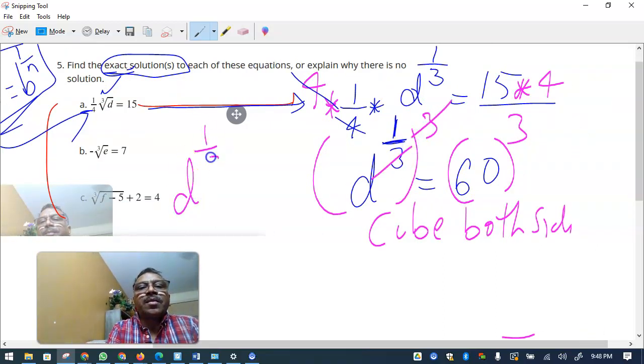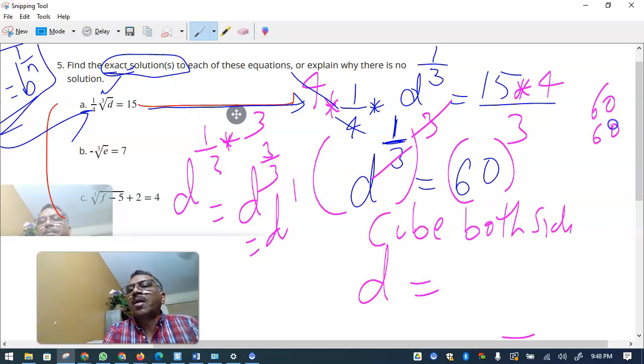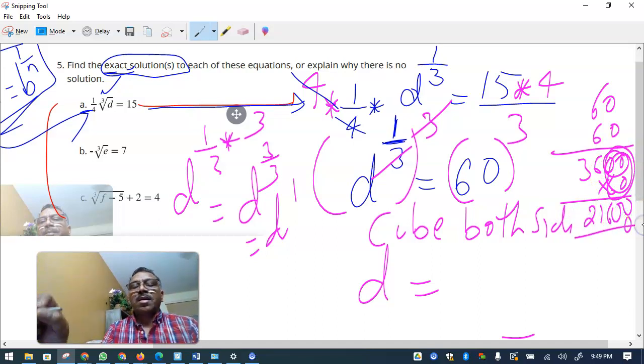Because it is 1 over 3 times 3 using the laws of exponentiation, which is d raised to 3 over 3, and that's like d, right? So you write d equals, and what is 60 times 60 times 60? If I multiply 60 times 60, that's 3,600, and if you multiply another 60, you get, I think, 216, and there are 3 zeros here, so you put those 3 zeros to get the answer, and you're done.